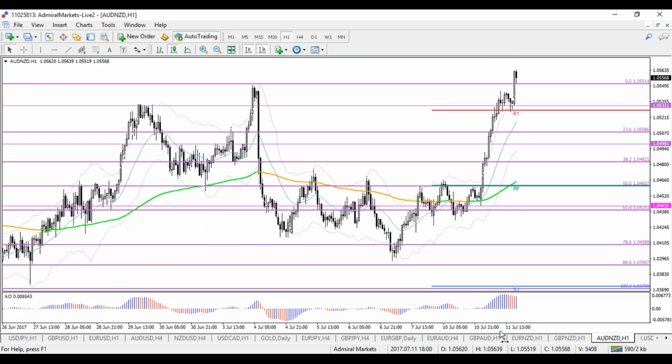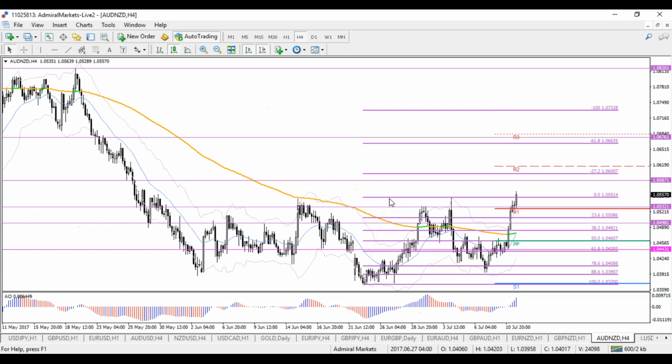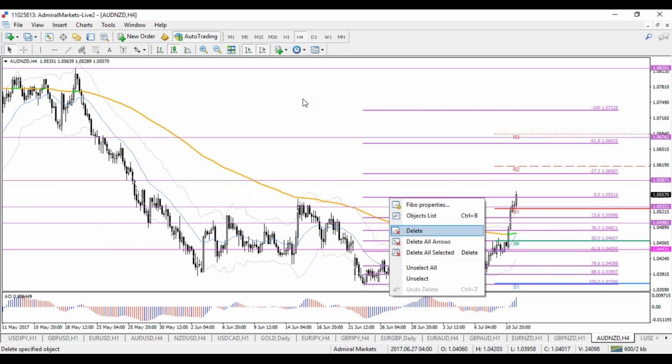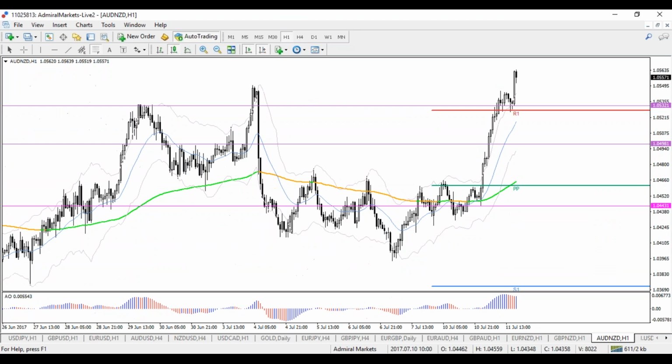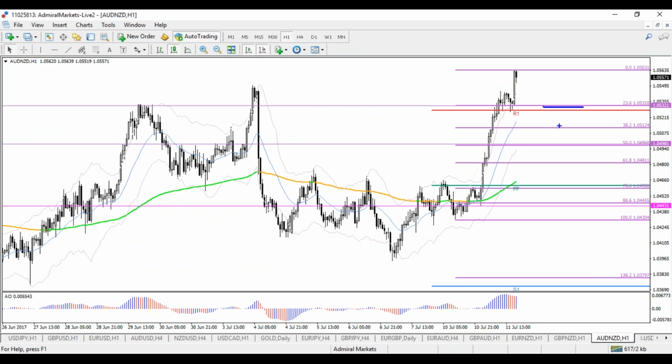Let me get rid of this bigger fib here. And I'll put a fib from here to here for the moment. Yes, and any of these two fibs, in fact, I think could be good bouncing spots. I wouldn't expect price to retrace deeper than the 50 fib.